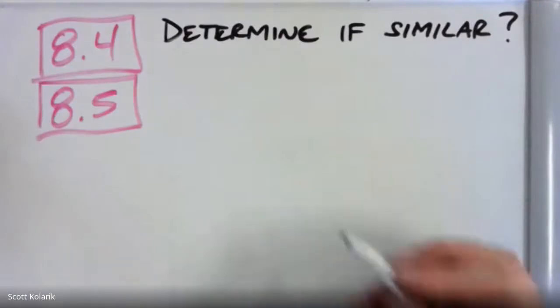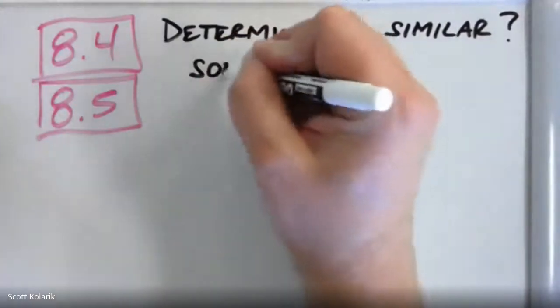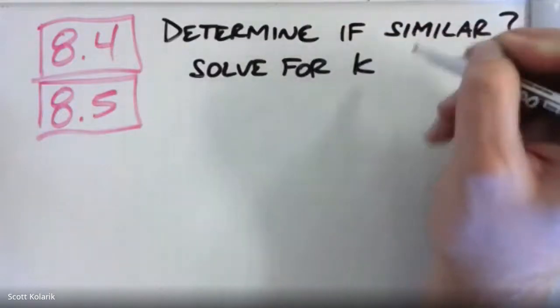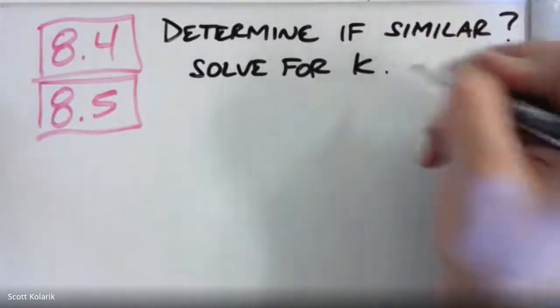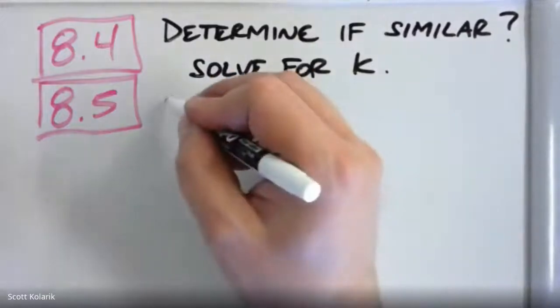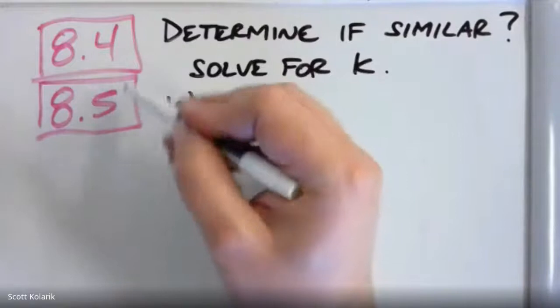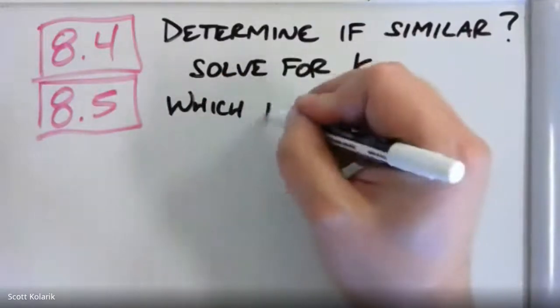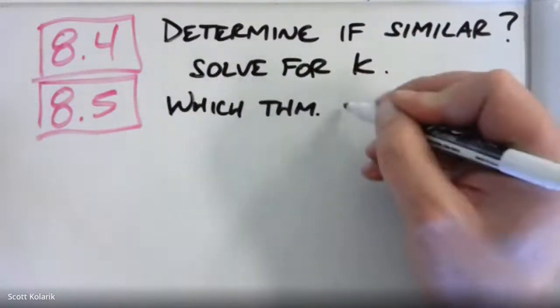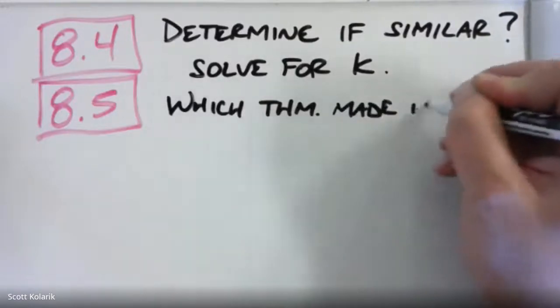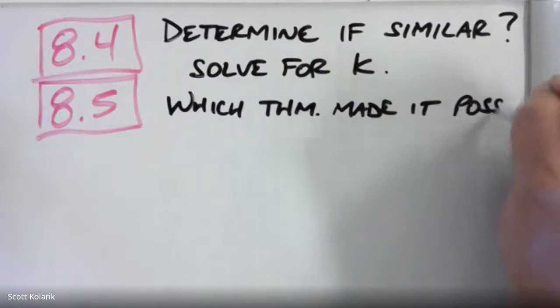If they are similar, solve for k, k being that constant rate of proportionality, that scale factor. And then I need to determine which of the three theorems split between these two sections made it possible. Write that out, made it possible. I'll abbreviate that. There we go.